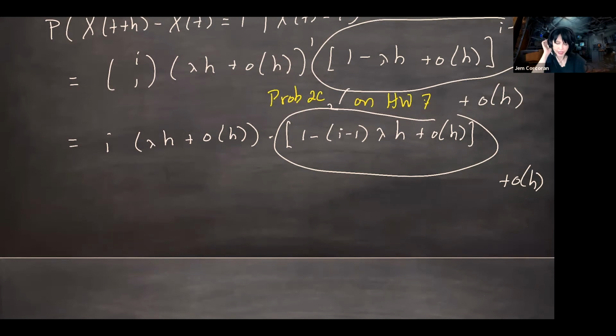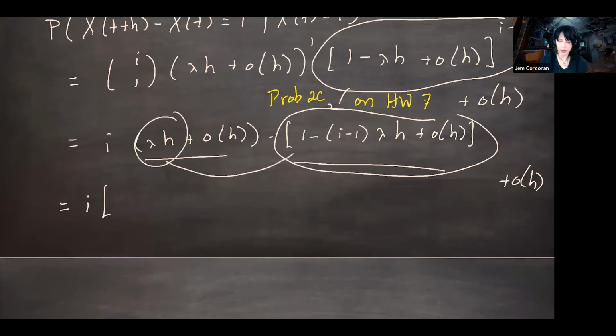Right, let's multiply this stuff together. There's an I sitting out front, and this is not an imaginary unit I. This is the current population size, and it's really common to use an I, so I didn't do it to be confusing. I did it to use common notation. If you multiply these two things out, the first thing you get is lambda h times 1.